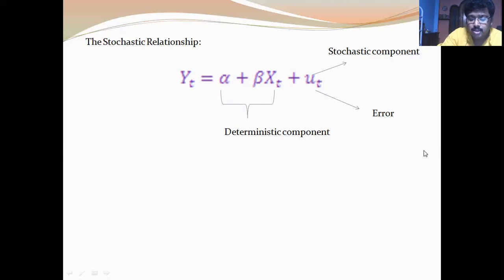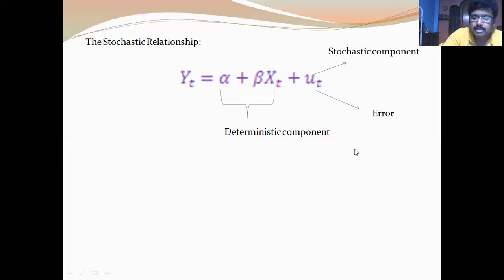There are many other omitted variables, so these variables are considered through this ut. So this is the importance of the stochastic component, that is the error term.